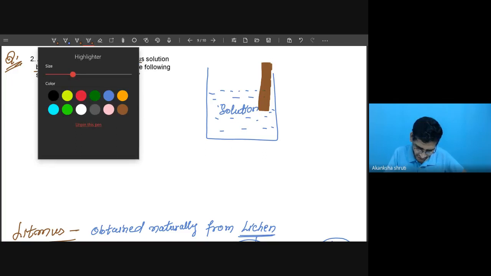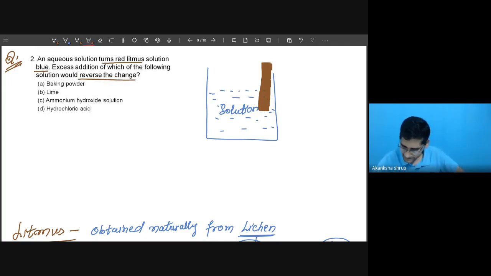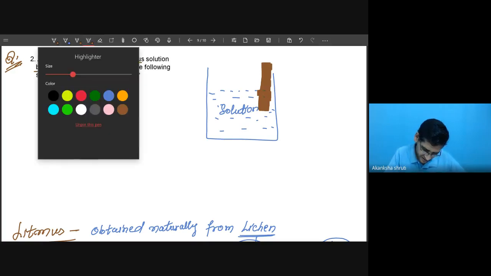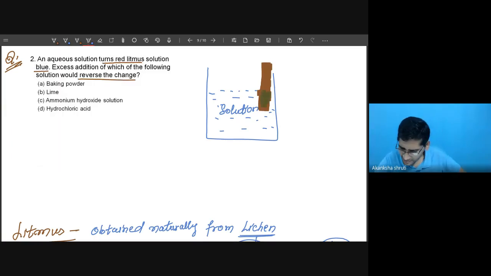So while dipping into this, this much turns into blue. It could not catch that much. So this part has turned into blue.